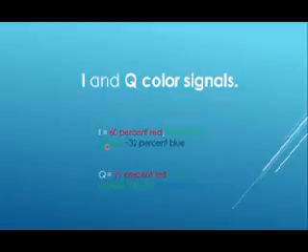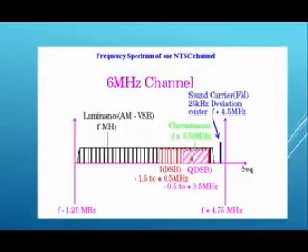I is equal to 60% red, 28% green, and negative 32% blue. Q is 21% red, negative 52% green, and 31% blue. The I and Q signals are called chrominance signals. The resulting signal is called the NTSC composite video signal.